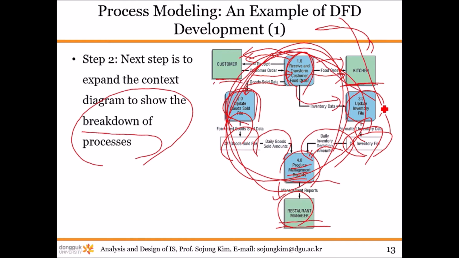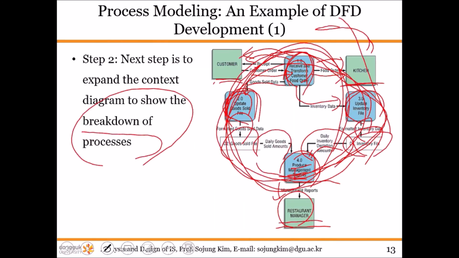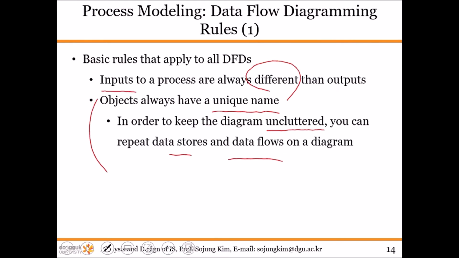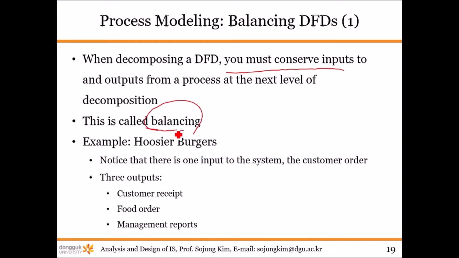Although internally it has other processes, you can merge them. This process is decomposed into 1, 2, 3, 4 processes, right? It's easy, right? Use the same name, with a different level.